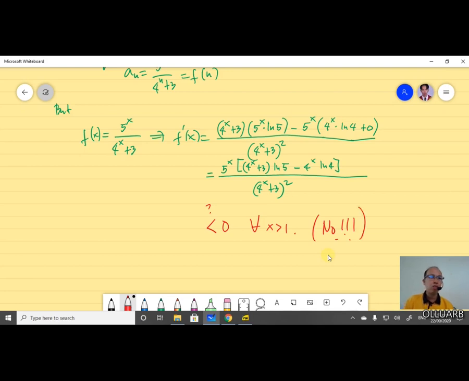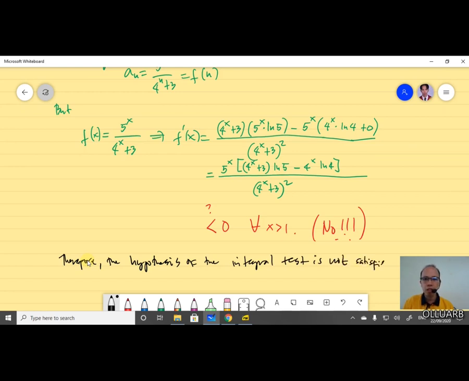Therefore, the hypothesis of the integral test is not satisfied.